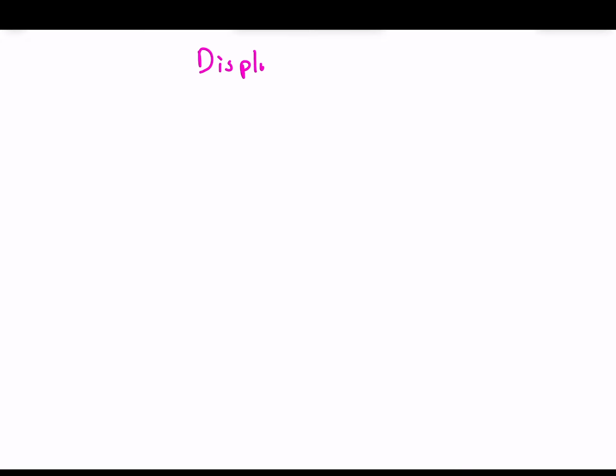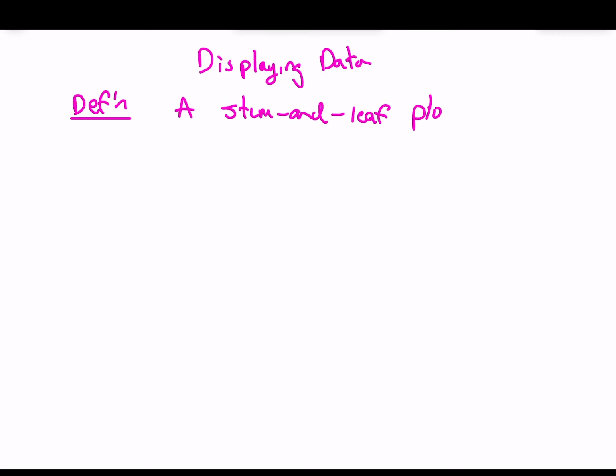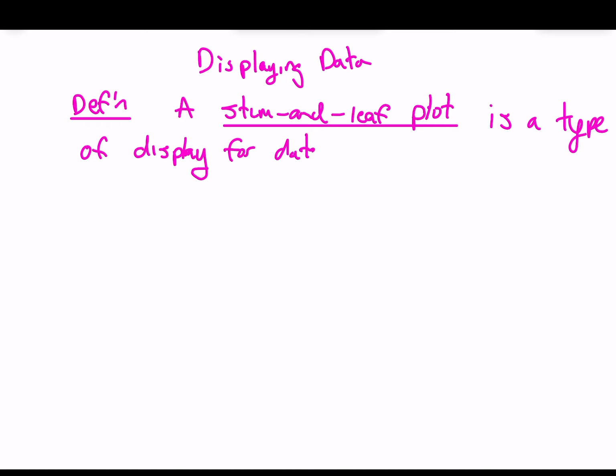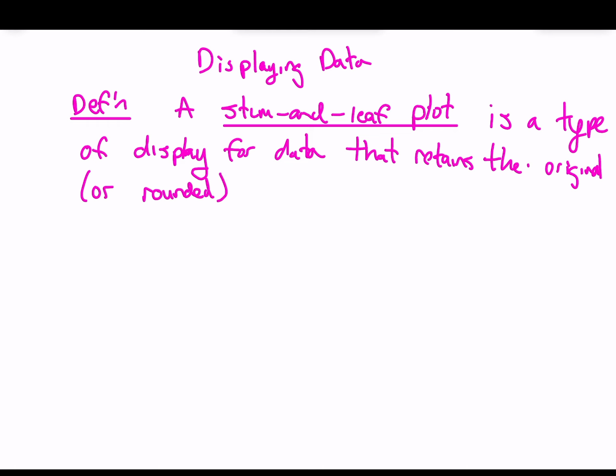Displaying data. Definition. A stem and leaf plot is a type of display for data that retains the original or rounded data values from the data set.